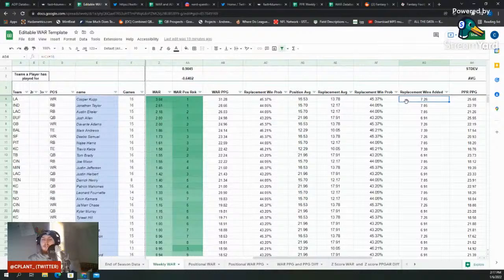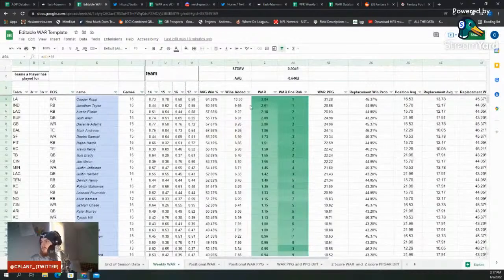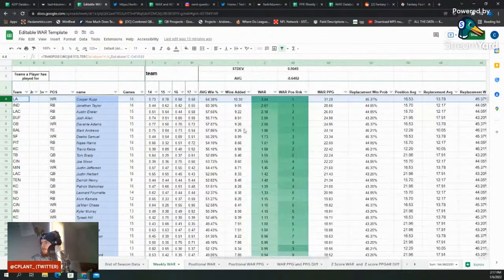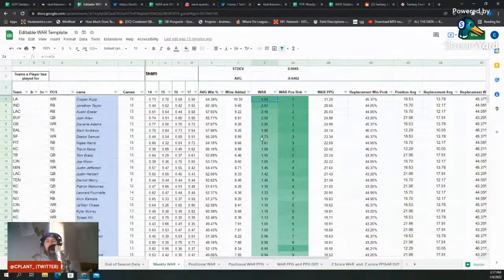Now it's as simple as this. In order to get wins above replacement, all you have to do is subtract the amount of wins that the player adds minus the replacement level wins added, and then you get WAR, and that's how you calculate the wins above replacement.